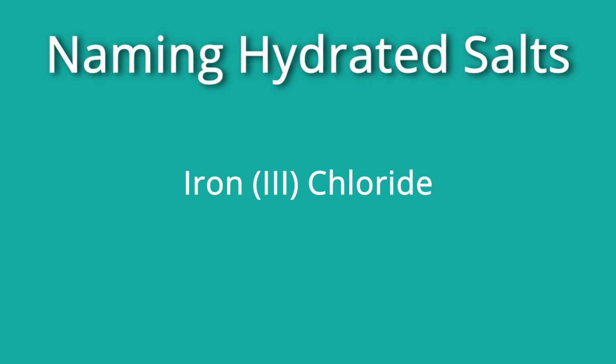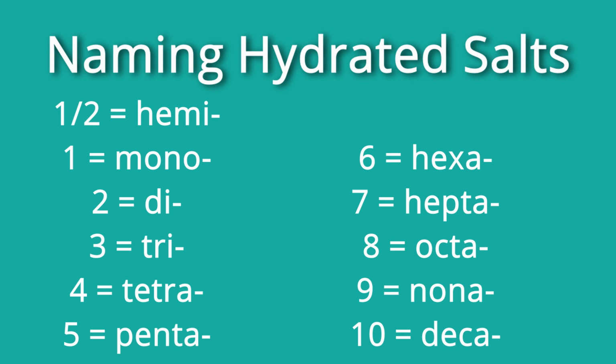But when water is introduced, you add an additional part, which has the prefix of how many there are. And here's a list of all of the prefixes. For half a molecule of water, you'd use hemi. For 1 molecule, you'd use mono.